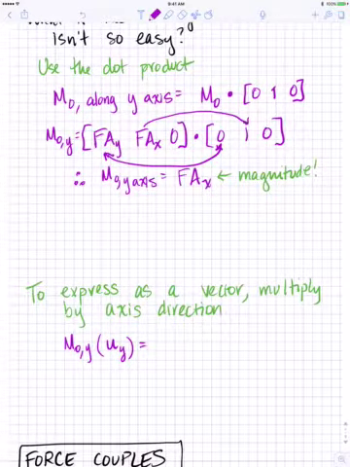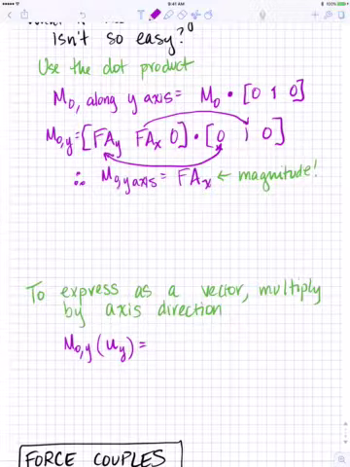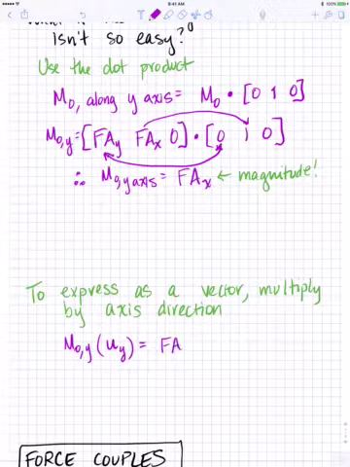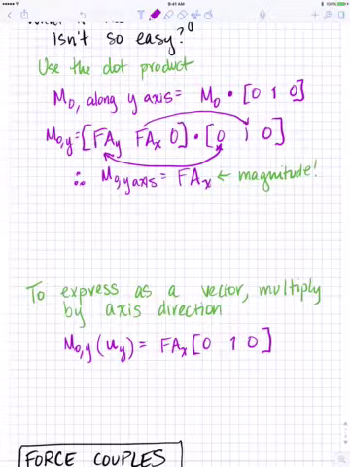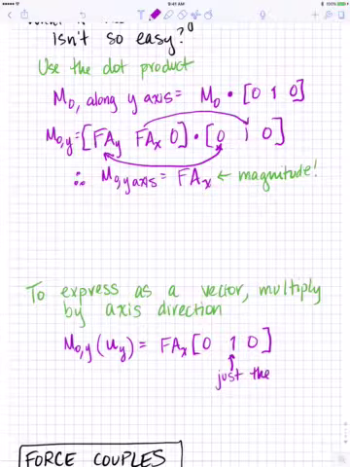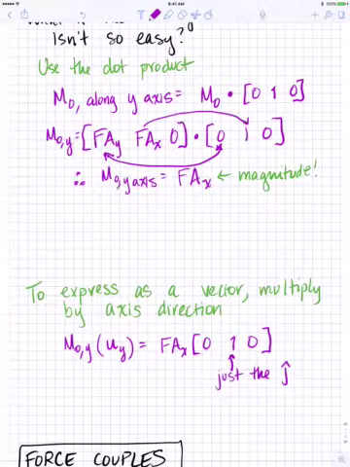So this is exactly the moment analog of the dot product questions that ask, what is the force along a specific axis? So here we have magnitude FAX multiplied by vector 0, 1, 0. And so here you're going to have just the J or the Y component.